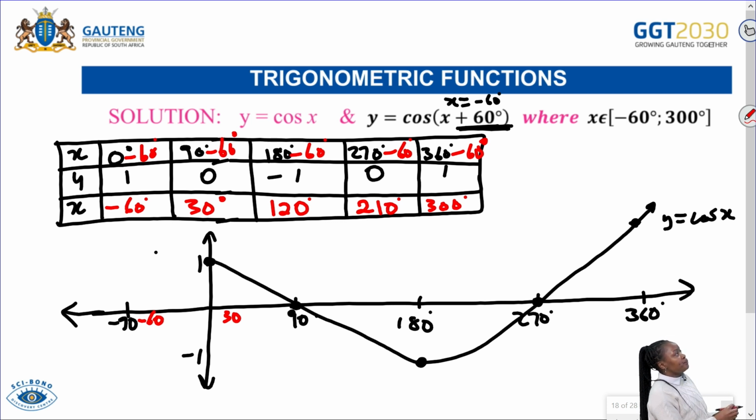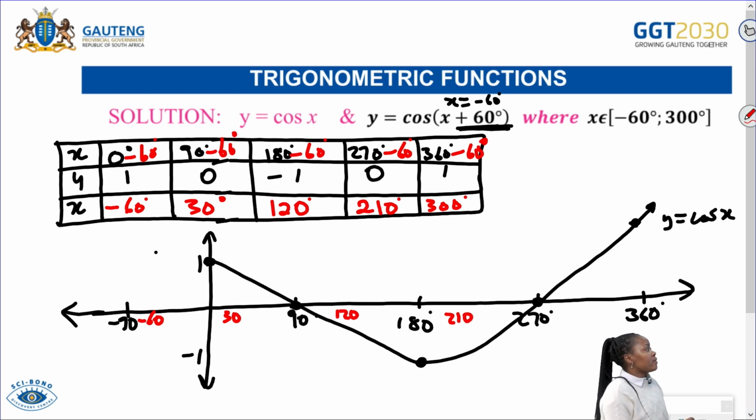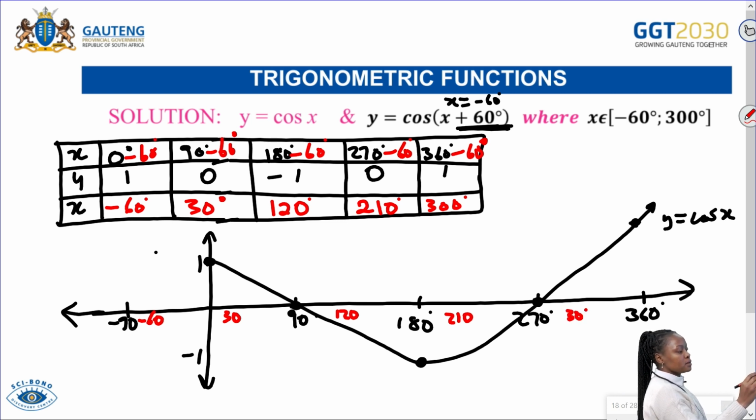At 180 degrees, it moved to 120, so 120 is going to be somewhere here. And then 270 degrees is going to be just before, and 300 is going to be just before 360. Don't forget we are dealing with angles, so it should be degrees.